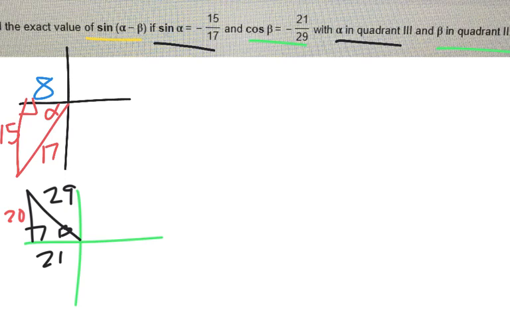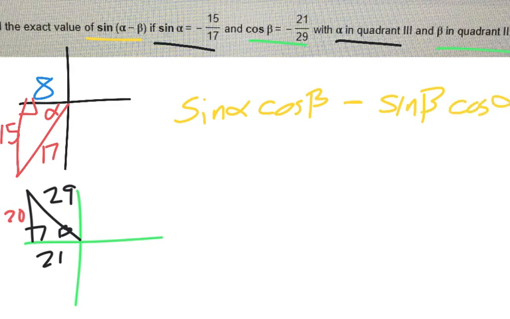And so because I'm finding sine of alpha minus beta, that's a difference of angles. So this is sine of alpha times cosine of beta. This time it's minus sine of beta cosine of alpha. And so here's sine of alpha. Because I'm in the third quadrant, that's going to be negative.